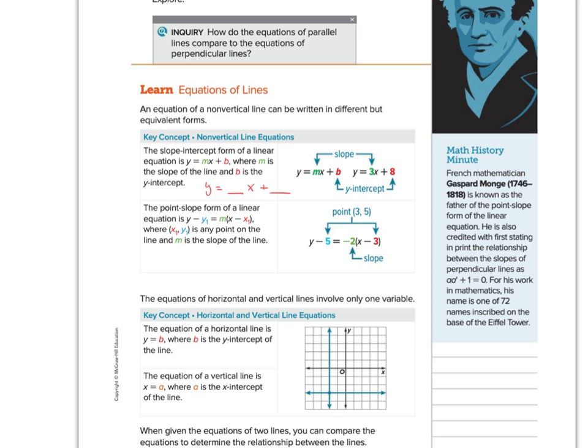For point slope, we have y minus my y value, whatever that is, and then my slope times x minus my x value, and those are the 3 items that we would change in the point slope. So we have a point of x3, y5, a slope of -2, and we just plugged them into those missing things. Okay, so that's how we determine or differentiate or use our slope-intercept form or our point slope form.